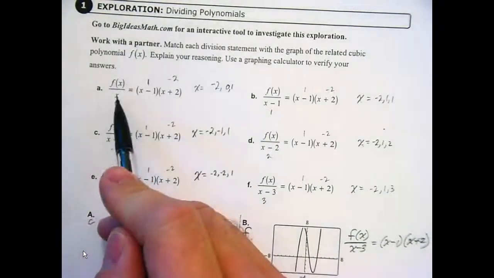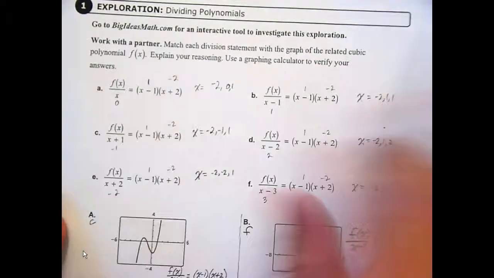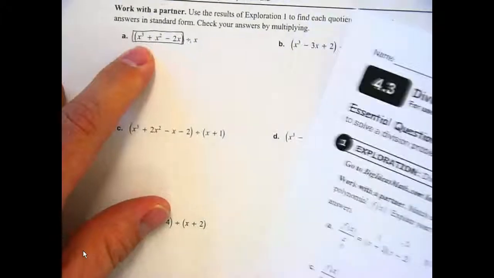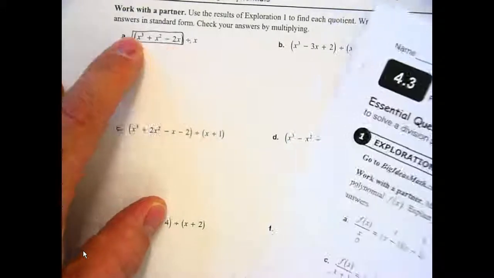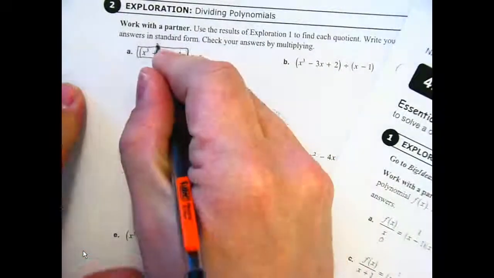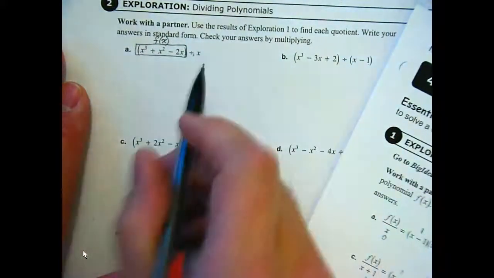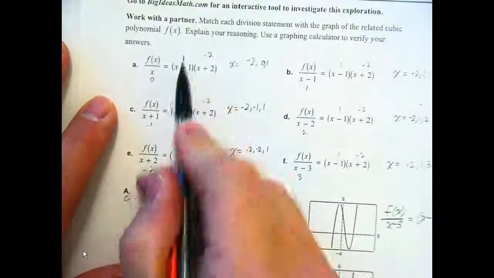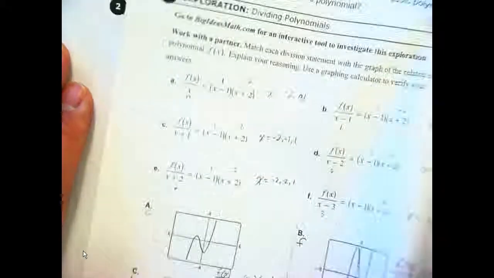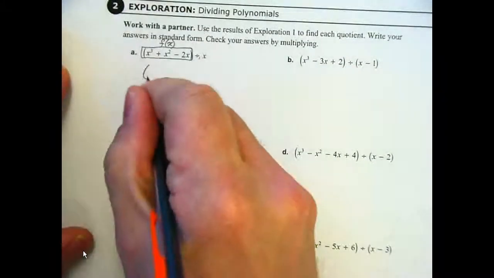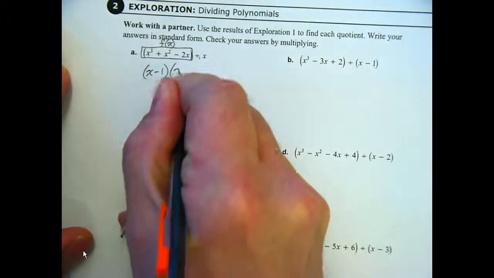A. The expression that's being divided by x is x cubed plus x squared minus 2x. This is our f of x. Being divided by x is actually giving me this. Therefore, this is x minus 1 times x plus 2.